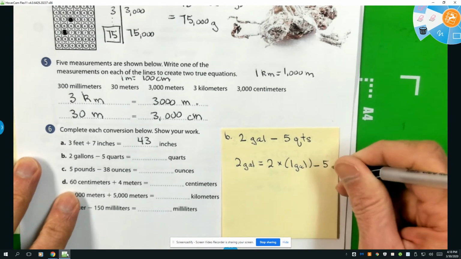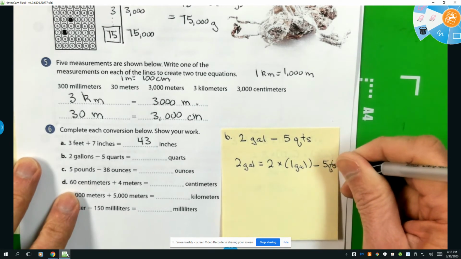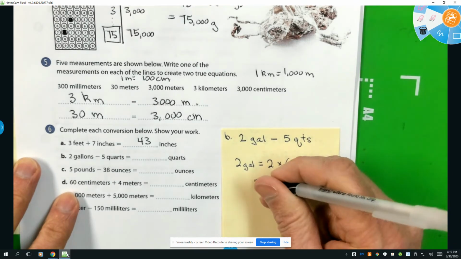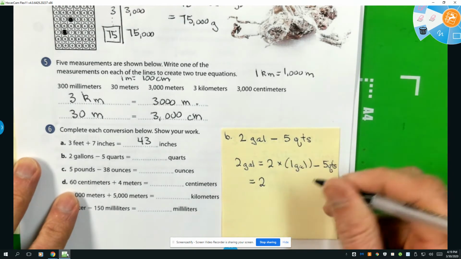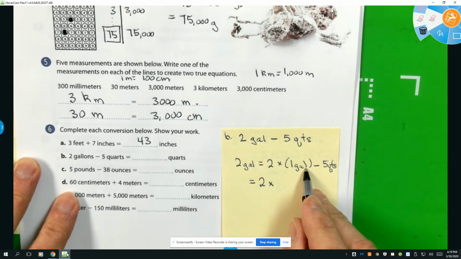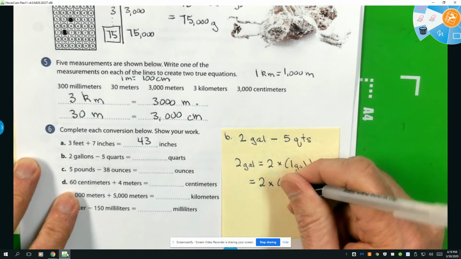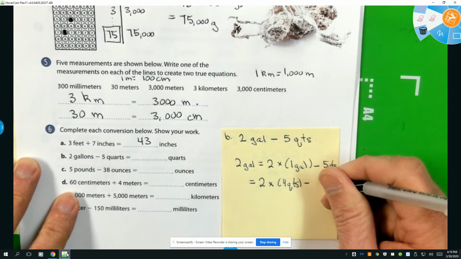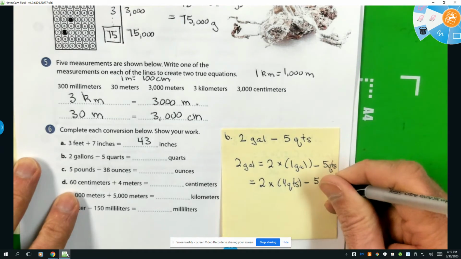minus 5 quarts. Okay, so now all we have to do is do our conversion. That's the same as saying 2 times how many quarts are in a gallon when we convert? 4 quarts, minus 5 quarts.